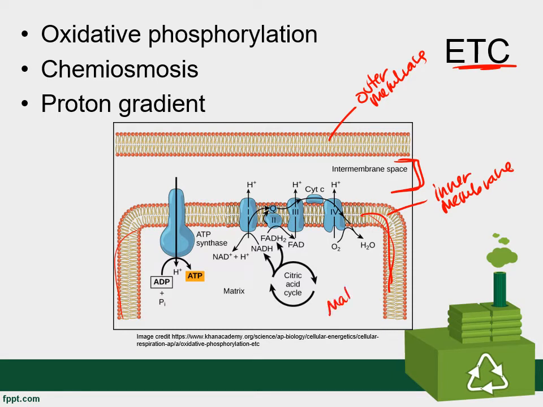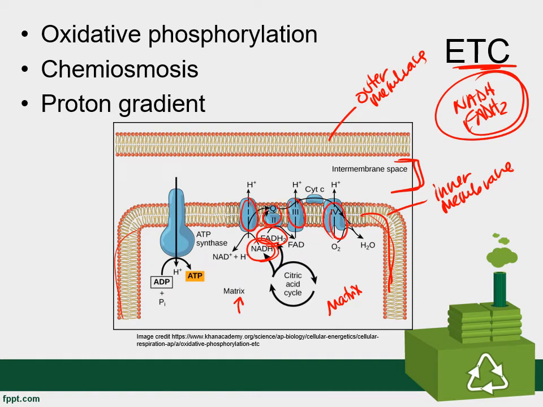This is the matrix of the mitochondria. What's going to happen is this, that NADH and FADH2, these guys that were formed in Krebs cycle here in the matrix of the mitochondria, they're going to carry their electrons and protons to the proteins of the electron transport chain.